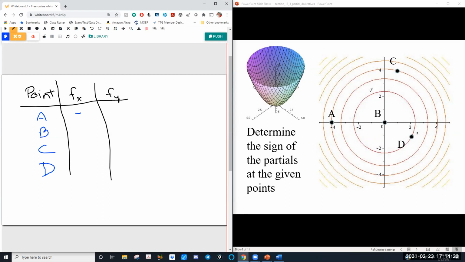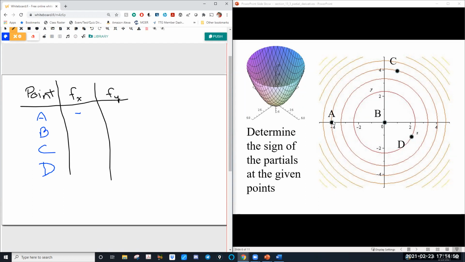One thing I want to emphasize, these are instantaneous rates of change, but what we're looking at is how does the function value change as we move in the positive x direction for f sub x and positive y direction for f sub y. Now let's talk about moving this way for f sub y in the positive y direction.